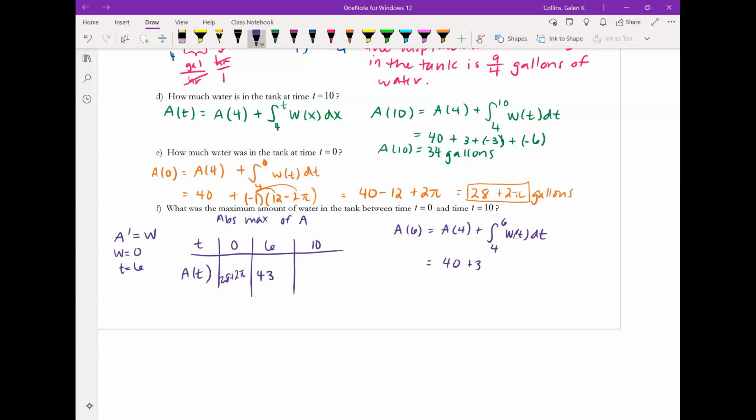And then lastly, we already got our answer 34 in part D. Okay, so we know the maximum amount of water in the tank on the interval from t equals 0 to t equals 10 is 43 gallons of water, and this occurs at time t equals 6 hours.